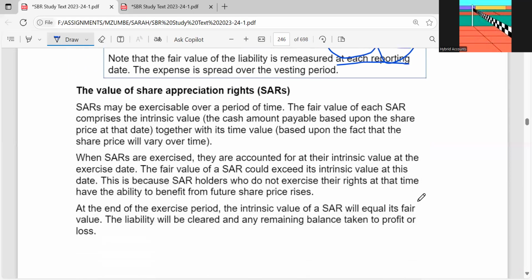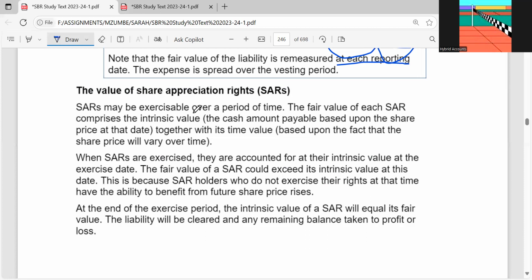All right. Now let's speak more on the value of share appreciation rights, right? We are told here that share appreciation rights may be exercisable over a period of time, right? Maybe you may say that, for example, share options, which you looked at earlier, we said that actually we wait maybe after 3 years and then we can exercise.